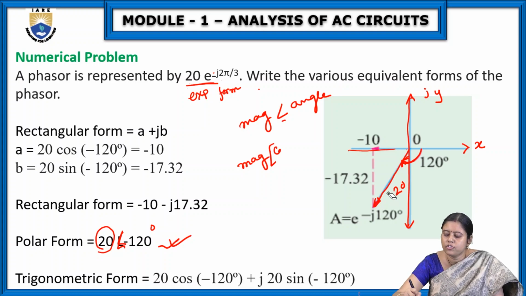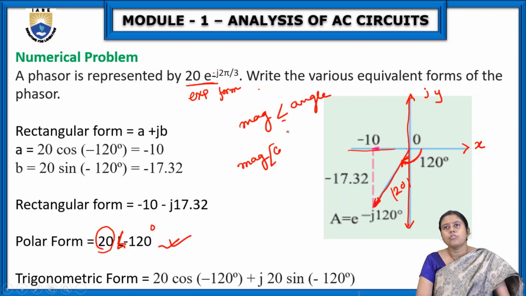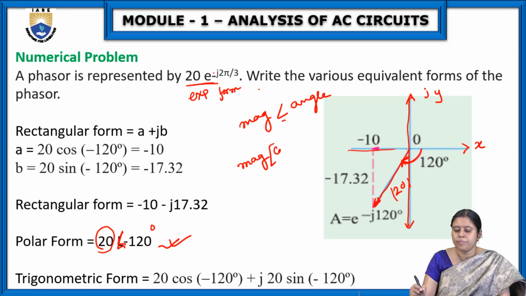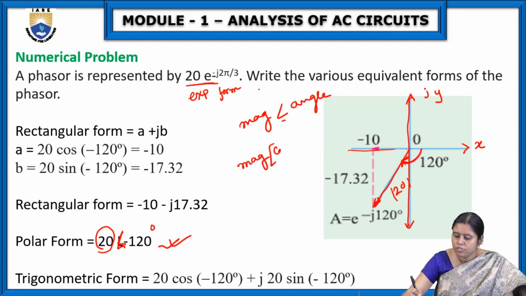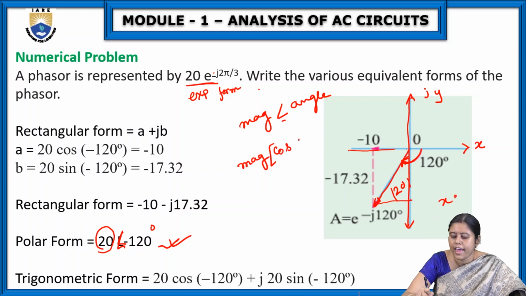And what is the magnitude? Magnitude is 20. So x is equal to cosine and y is equal to sine. So magnitude cos angle plus j, because this is y, sine angle.